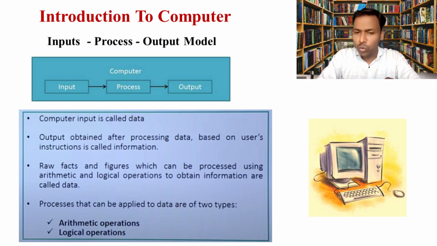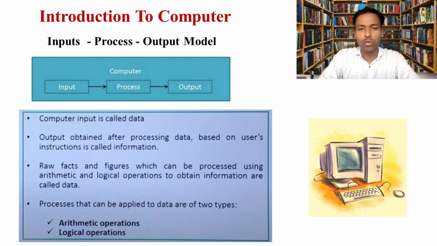I will input the two numbers 2 and 3, and I will input the arithmetic operation that I want to do, which is addition. What is the process that will be done by the computer? Addition, 2 plus 3, will be done by the computer, and what is the output that will be given to us? It will be 5. So 2 plus 3 is equal to 5. This whole process has been done by the computer.